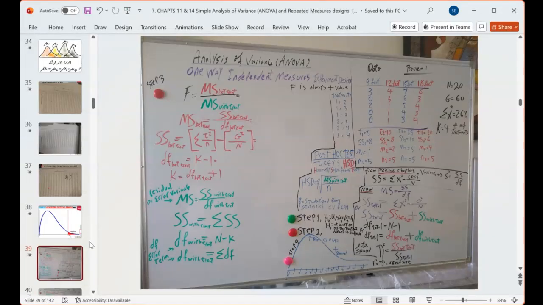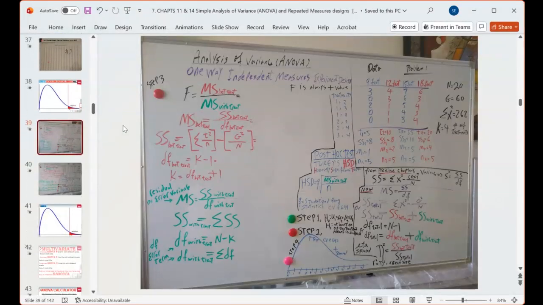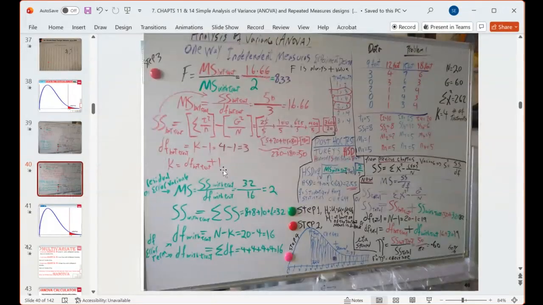So let's find out what the DF between and within are. Between, on top, is K minus 1, very simple. We have 4 groups, take away 1 is 3. That's DF between, in red. And within is N minus K. That means the total number of participants is 20 minus K, which is 4 groups, is 16.